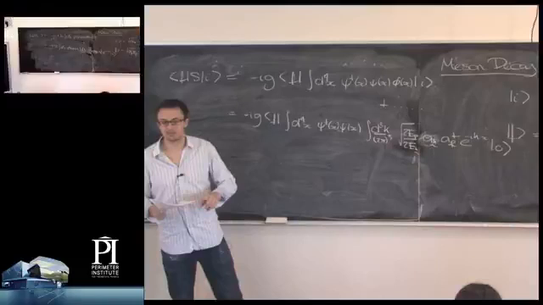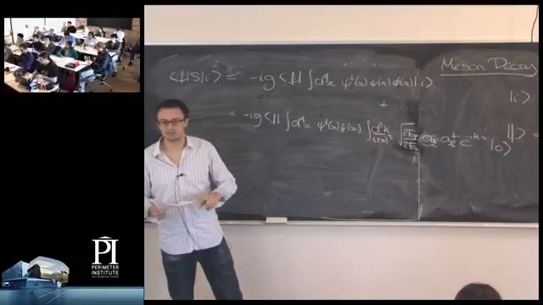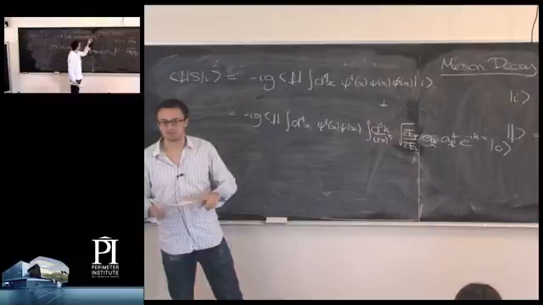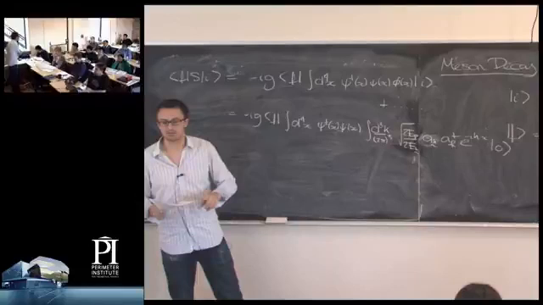It's probably a stupid question, but why don't we use the interaction Hamiltonian in the interaction picture rather than in the Schrödinger picture? We are using the interaction Hamiltonian in the interaction picture. Yeah, I claim we are. But shouldn't we have e to the minus i H0 t?